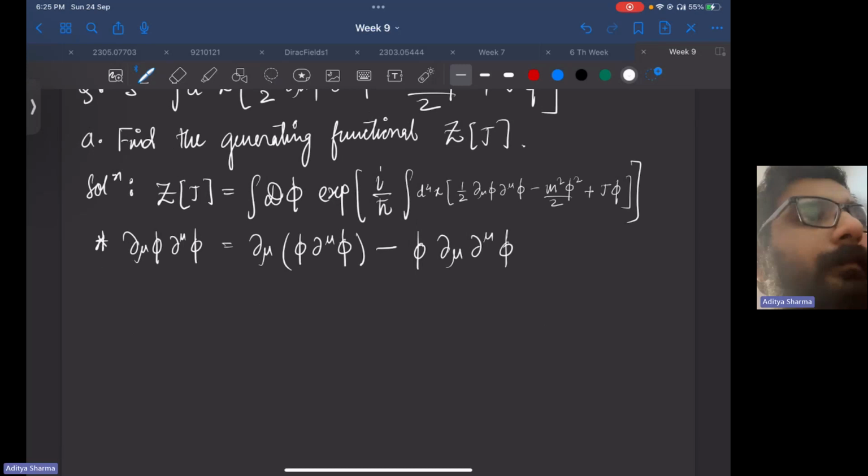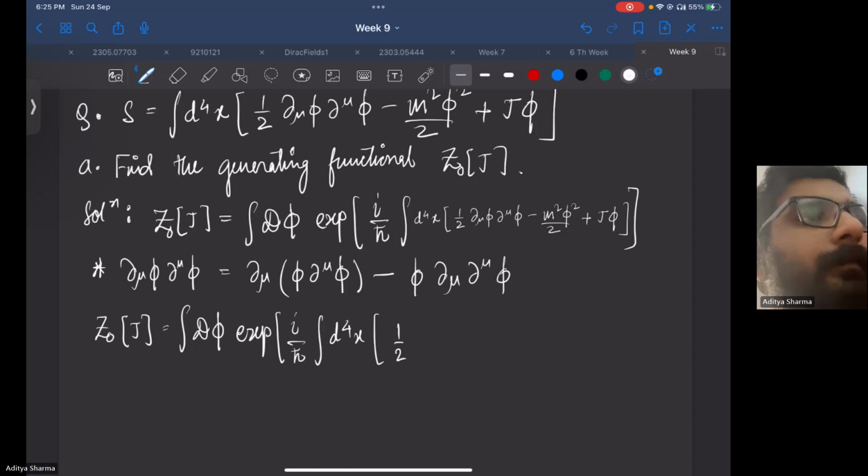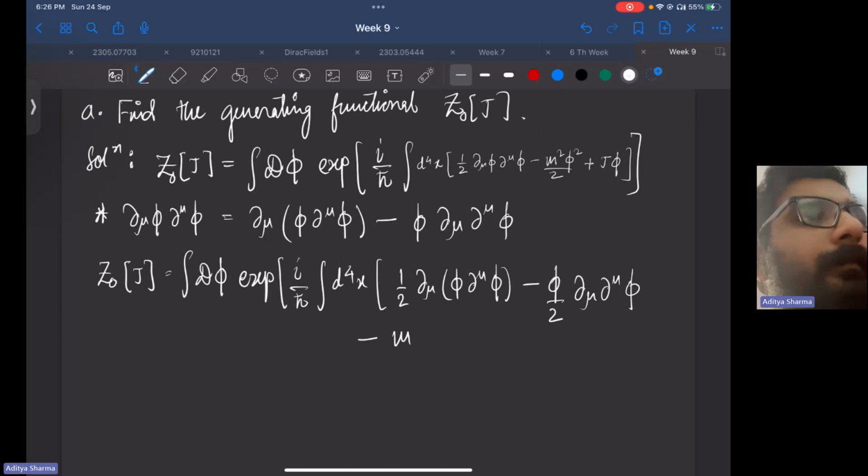Then our Z0 of j becomes half del mu of phi del mu phi minus phi del mu del mu phi, minus m square phi square plus j phi.